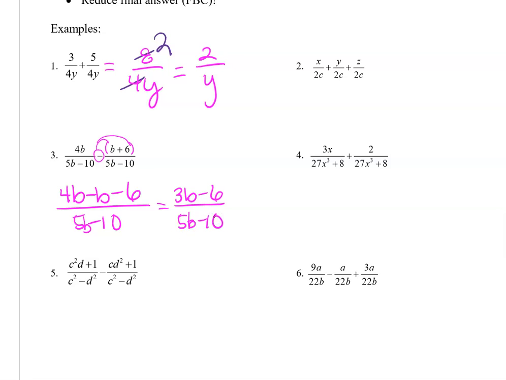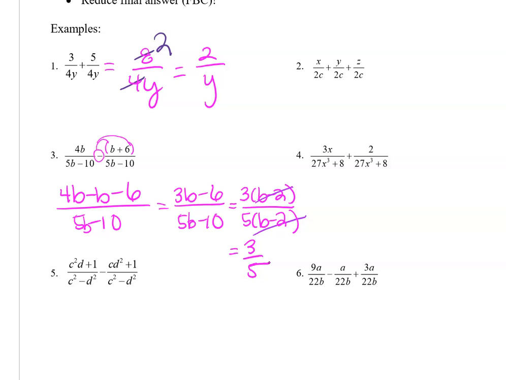So 3b minus 6 over 5b minus 10, and then I can factor. Sorry, that says b minus 2. And then I notice the b minus 2's are the same, so I can cancel those. And that leaves me with 3/5.